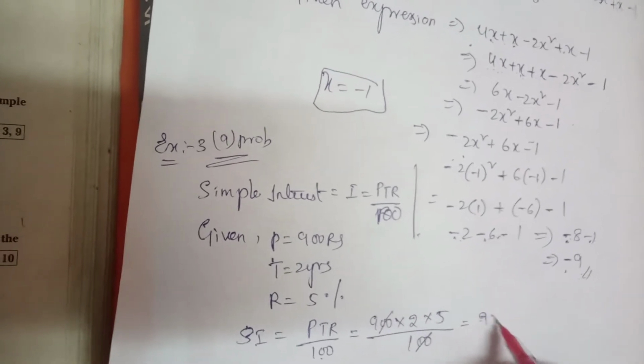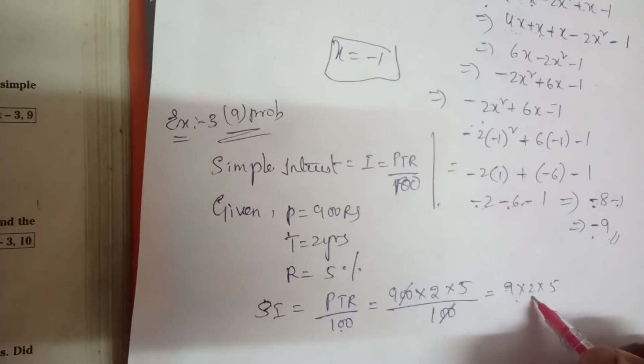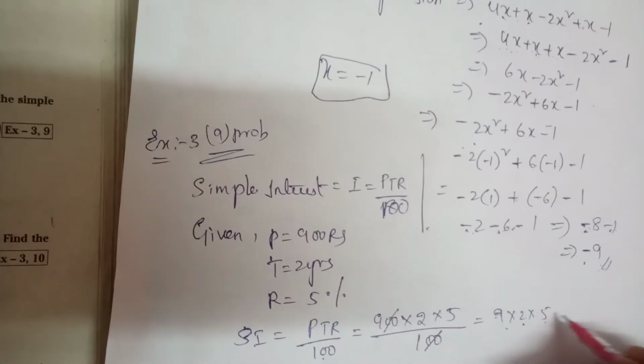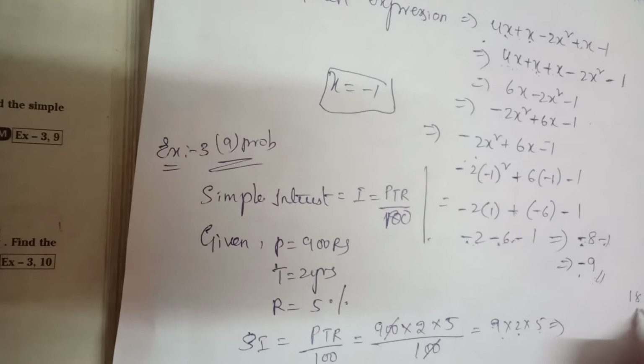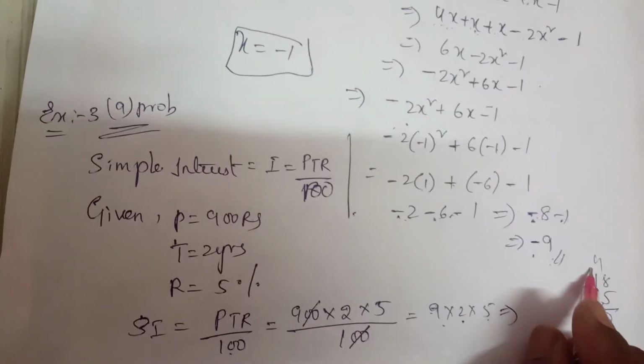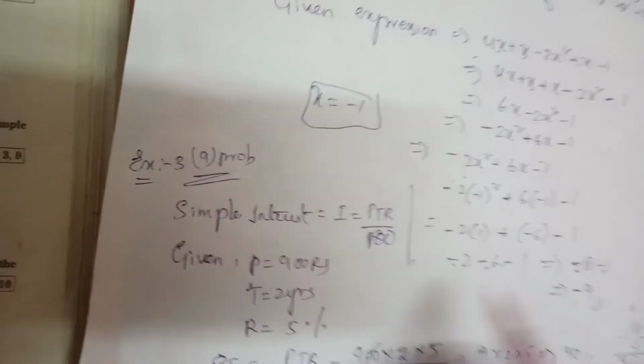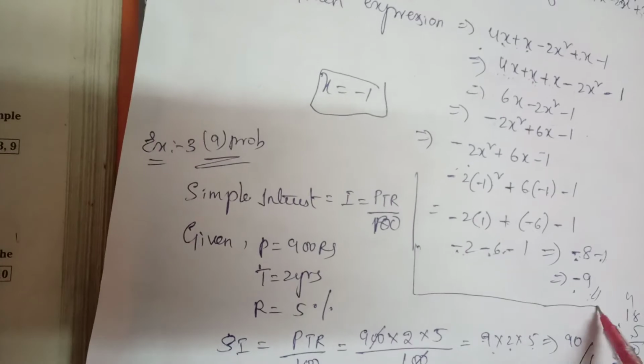What is left? 9 into 2 into 5. 9 twos are 18, 18 fives are 90. This is the value we are going to get for the simple interest. Copy everyone.